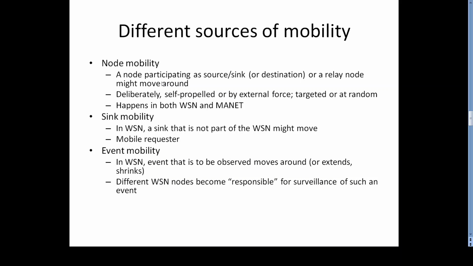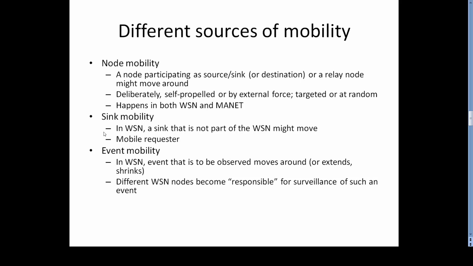A node participating as a source, sink or relay node might move around, due to being self-propelled or by external force, targeted or of random nature. This happens in both WSN and MANET. So nodes can move or may be stationary.